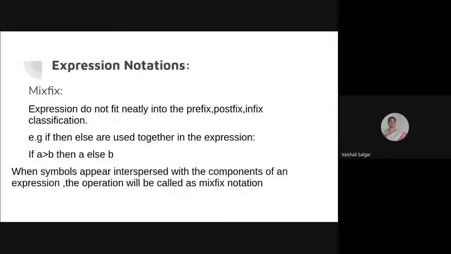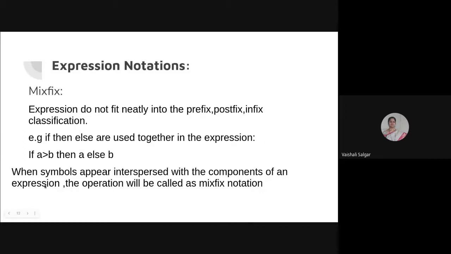So the syntax is the if then statement. All of you are familiar with the if then else statement. So if some condition, that is A is greater than B, then A is printed, otherwise it will go to B. So over here, when the symbols appear interspersed, see over here, interspersed means what? It is randomly dispersed. So when such a type of symbols and operands, maybe relational operators or arithmetic operators, are there in your expression, at that time, it is not going to fit into infix, prefix or postfix.